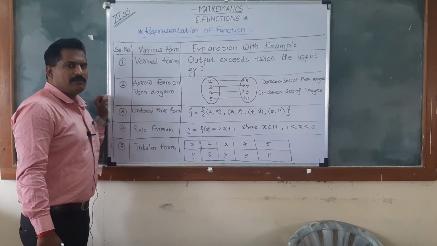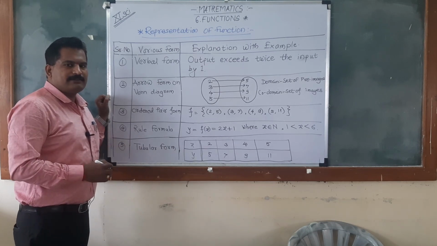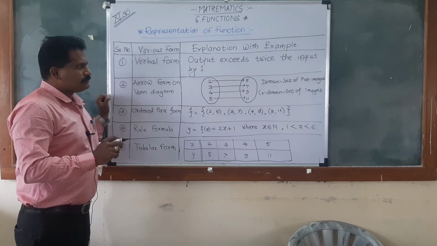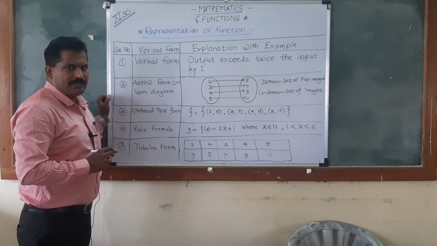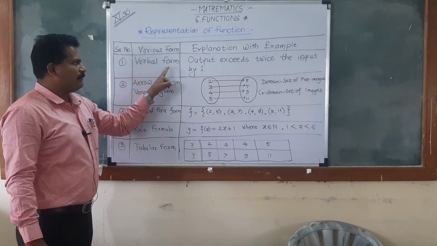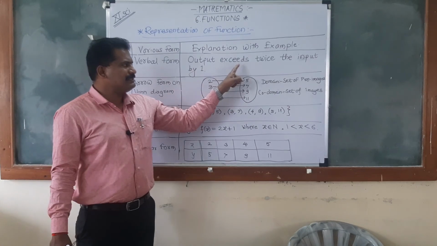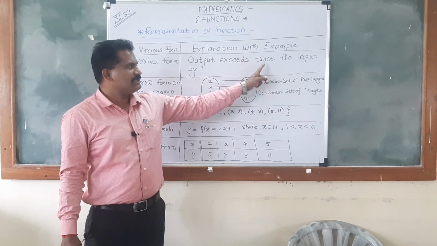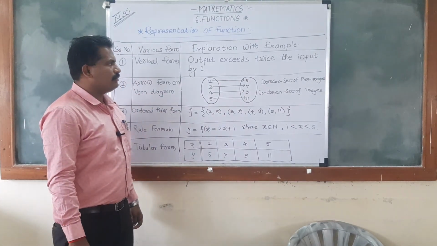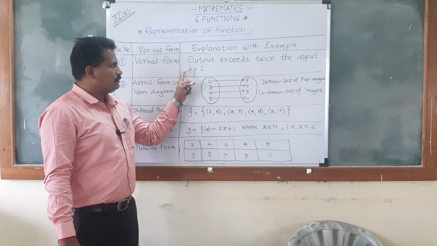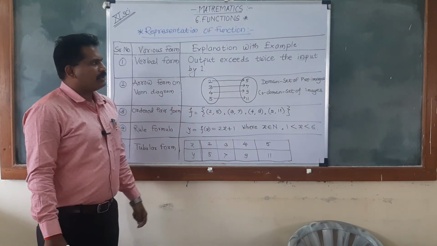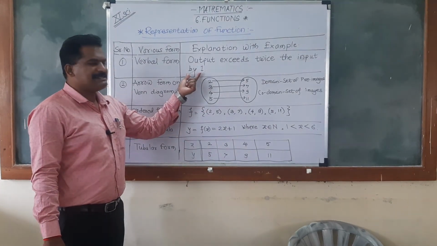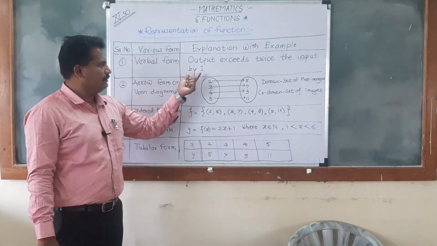In verbal form, we define the function verbally, that means in statement form. Verbal form: Output exceeds twice the input by 1. In this form, the definition of the function is represented verbally.